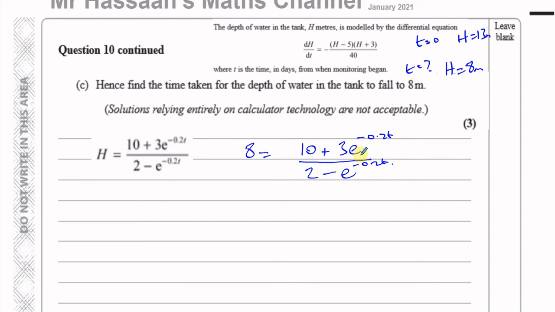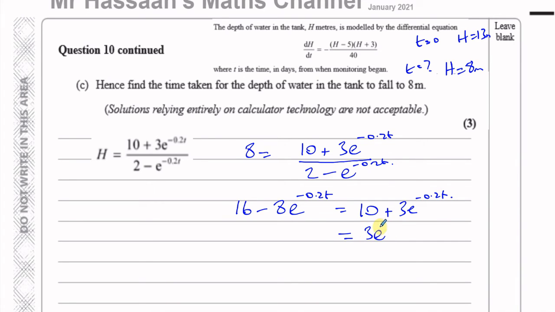So I have to make this e to the power of minus 0.2t the subject. So I'm going to multiply both sides by this first to get rid of the fraction. That's going to be 16 minus 8 e to the power of minus 0.2t is equal to 10 plus 3 e to the power of minus 0.2t. I'll bring the e's on this side.